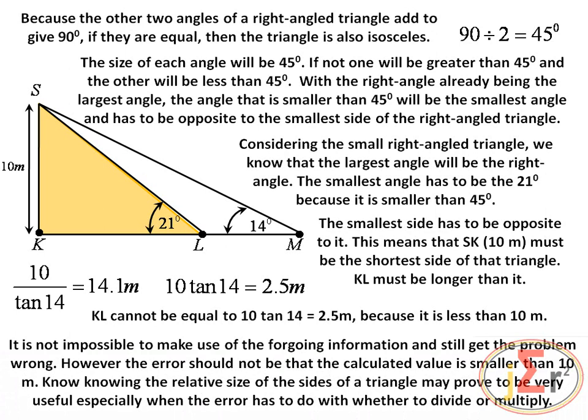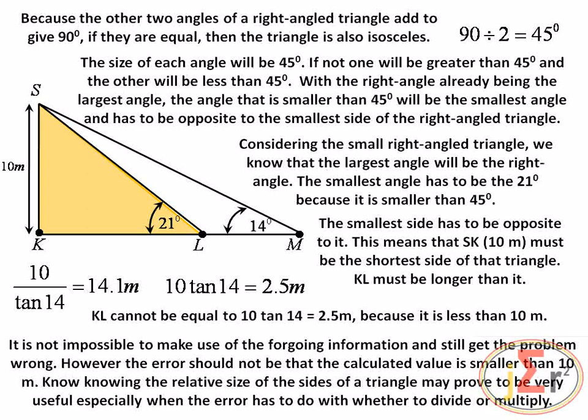Knowing the relative size of the sides of a triangle may prove to be very useful, especially when the error has to do with whether to divide or multiply. If it is only a matter of multiplication and division, we are sure that the error can be avoided by taking a look at the relative sizes of the sides of the right angle triangle.